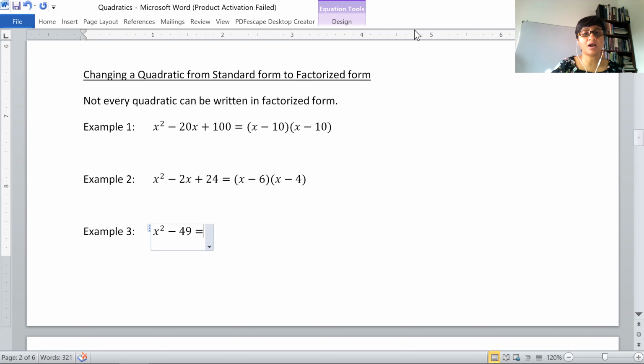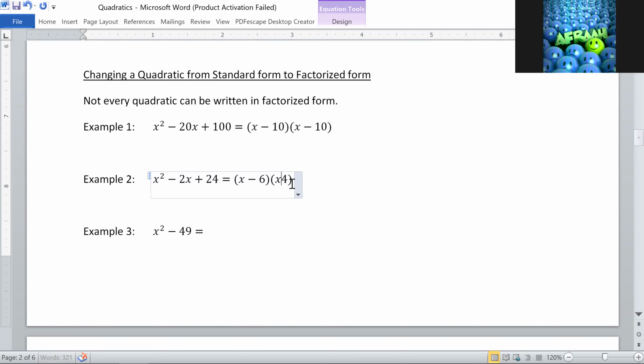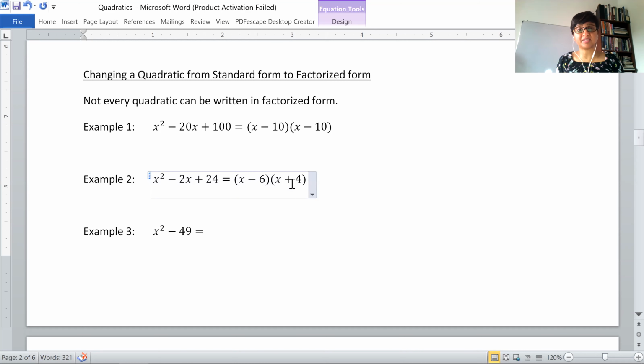Oh, is it? Oh. What? X minus 6 and x plus 4? No, even that won't work. What are the factors here for the second one? Are these factors correct that I have written? No. If I make it this, is it still right? Still wrong.